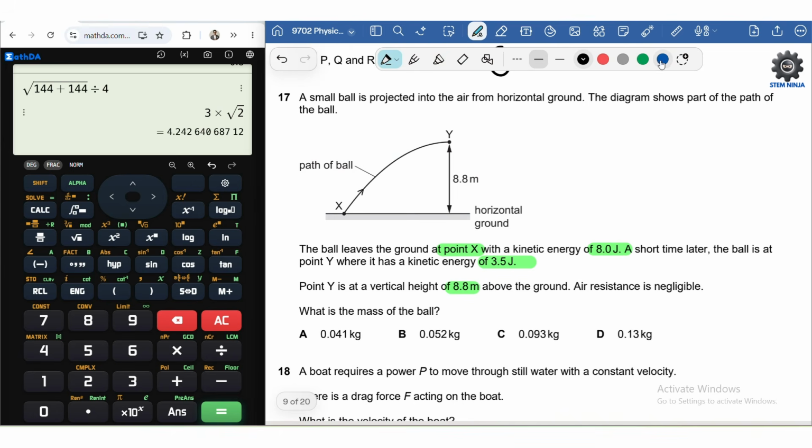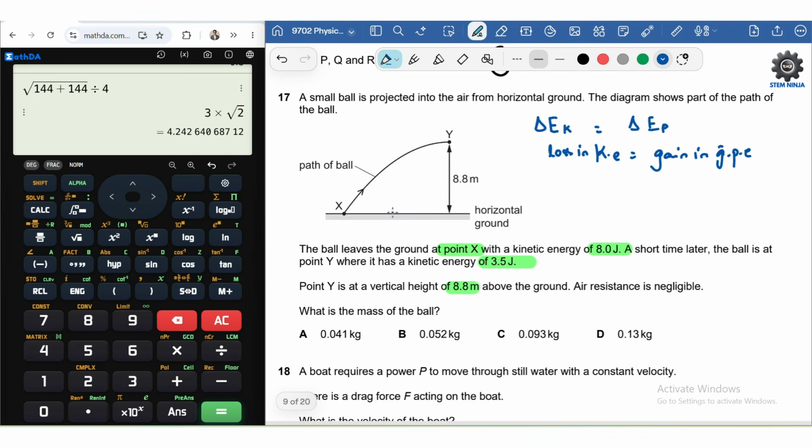So in this we're going to use the conservation of energy. So the change in kinetic energy would be equal to the change in potential energy, or basically you can say the loss in KE will be your gain in EP, the gravitational potential energy. So what do we do?